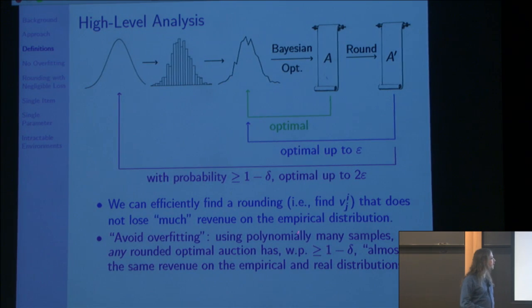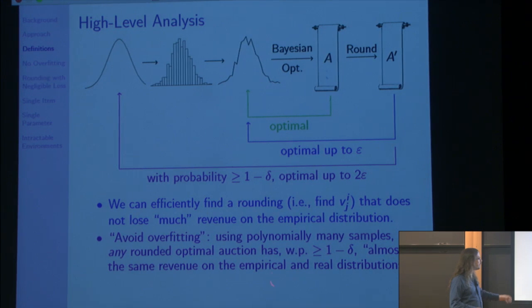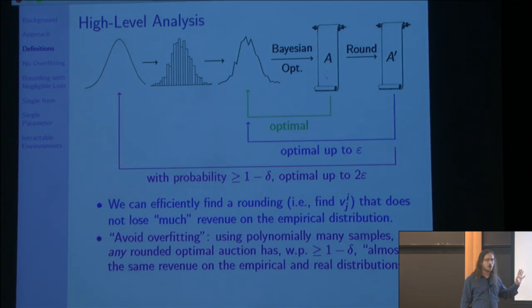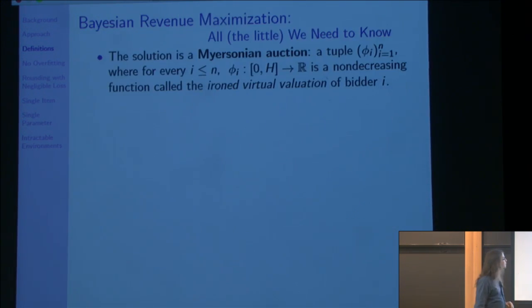So before I can better go into the details of that argument, I'm going to have to tell you a little bit about Myerson's optimization algorithm. There's a lot going on behind the scenes there. I'm only going to tell you a little bit about what the optimal auction looks like. So the solution is something that we call a Myersonian auction.